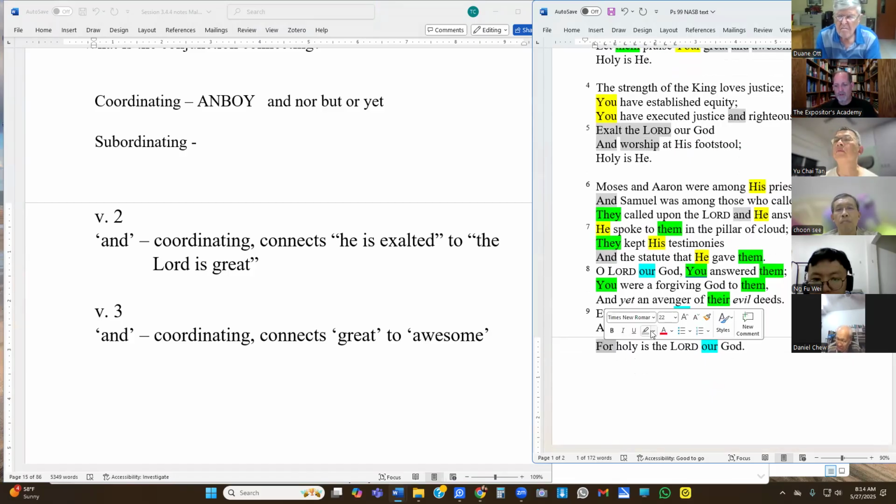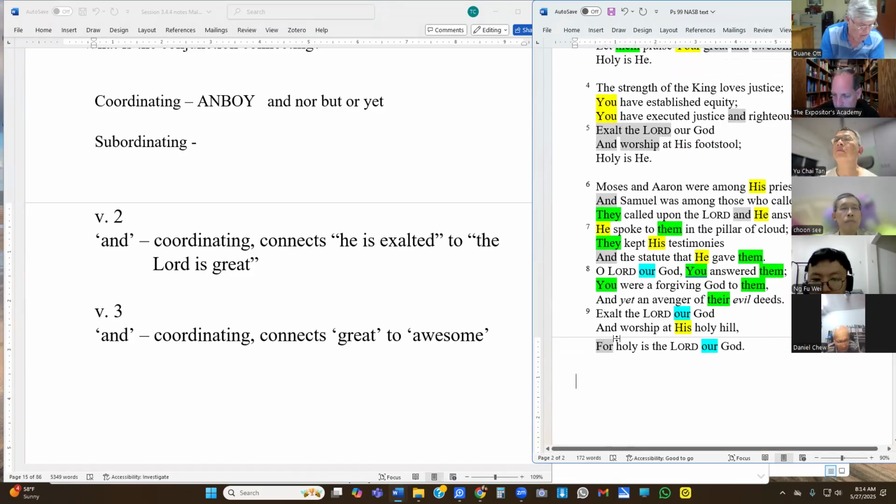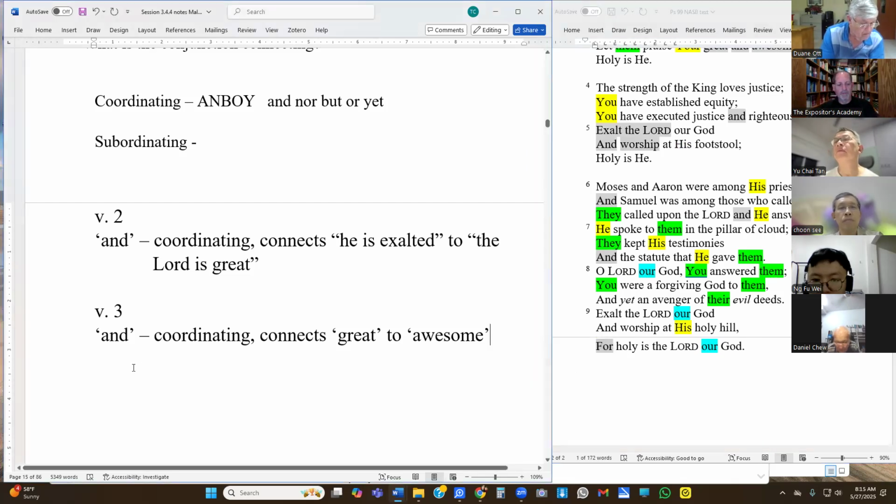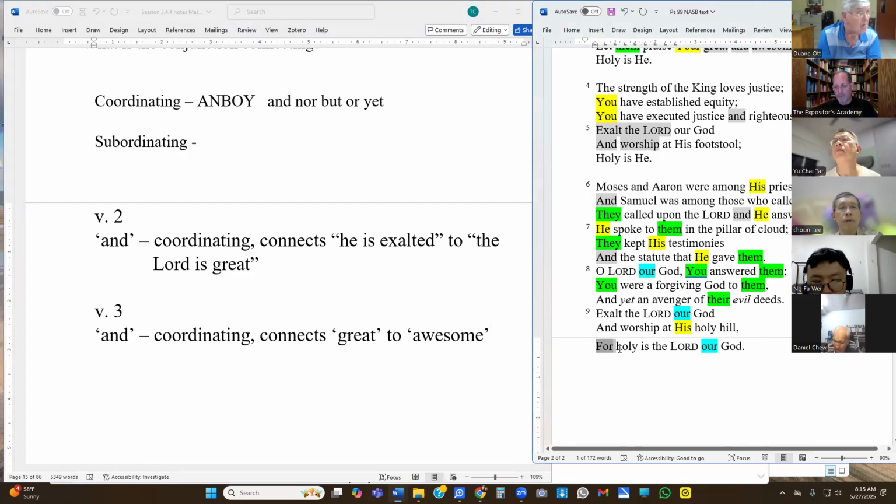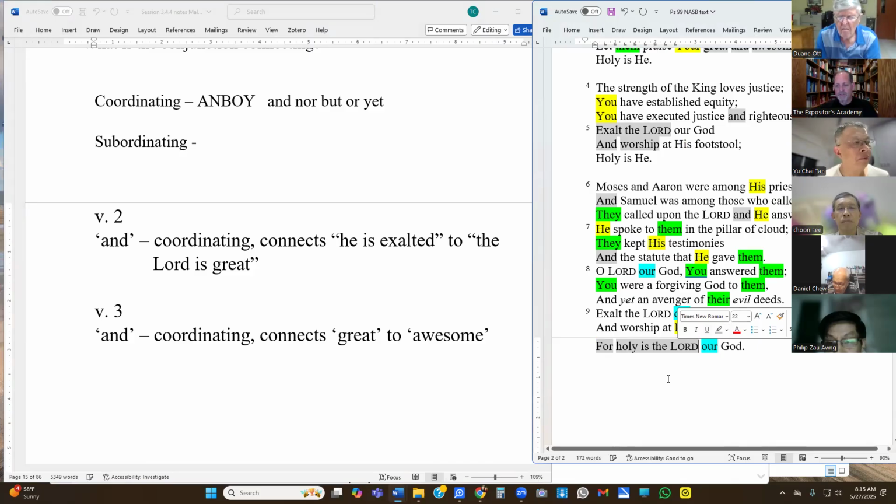We get to verse 9. We see the conjunction for. For holy is the Lord our God. And here, this is subordinating in verse 9. So it's saying what follows, holy is the Lord, is subordinate, is modifying, it's coming under something else.